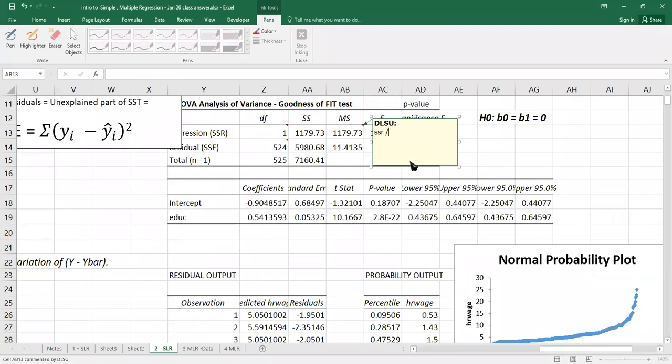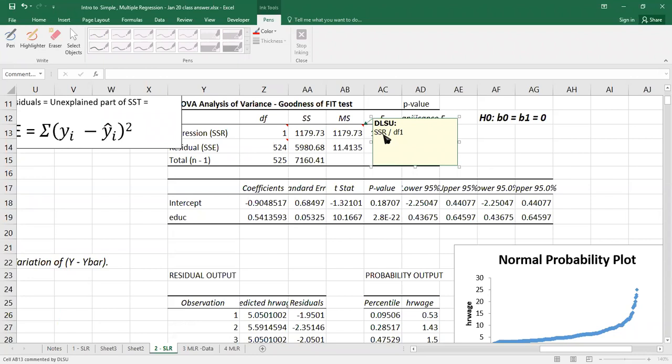This is just your SSR divided by your degree of freedom 1. So dinivide lang natin si SSR by your degree of freedom 1. Okay, so that's 1. This divided by this will give you this. Ganun din to guys. Insert comment.